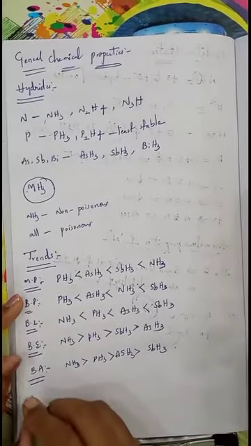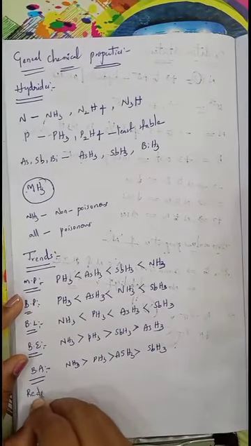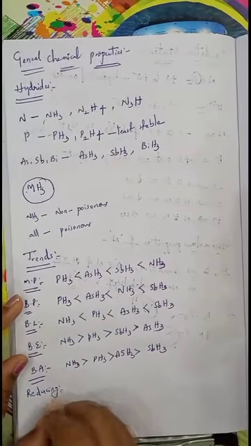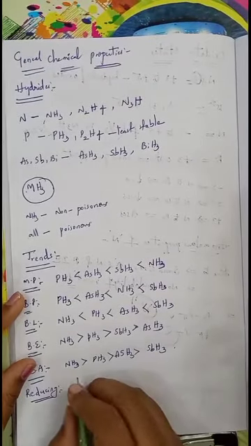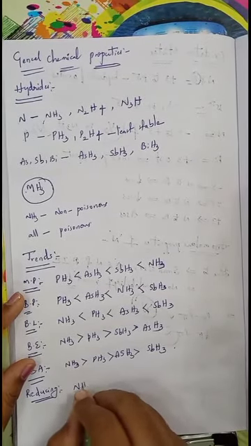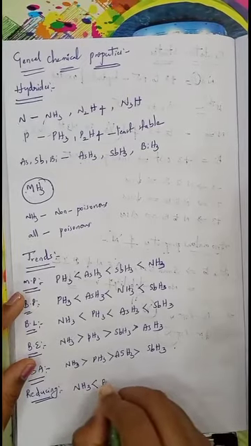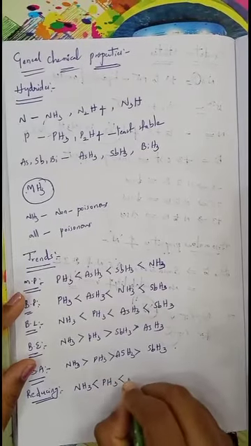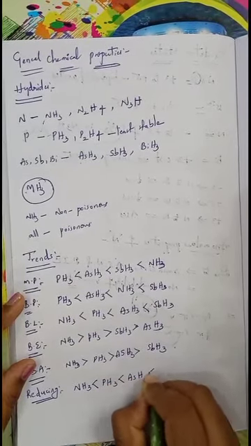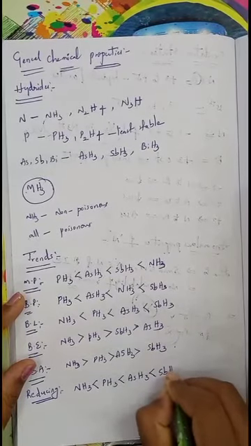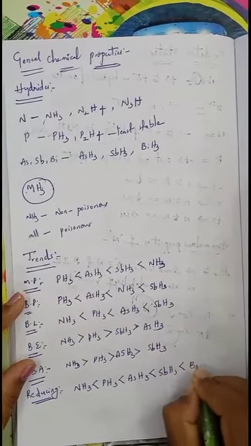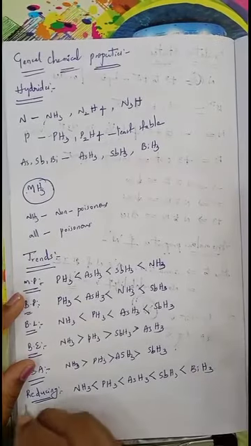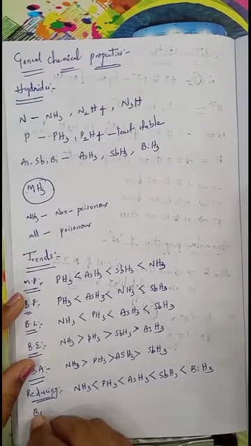Now we'll discuss the reducing power or reducing nature of these hydrides. Ammonia has the least reducing power, then phosphine, then arsine, then stibine, then bismuthine. Next, basic nature.